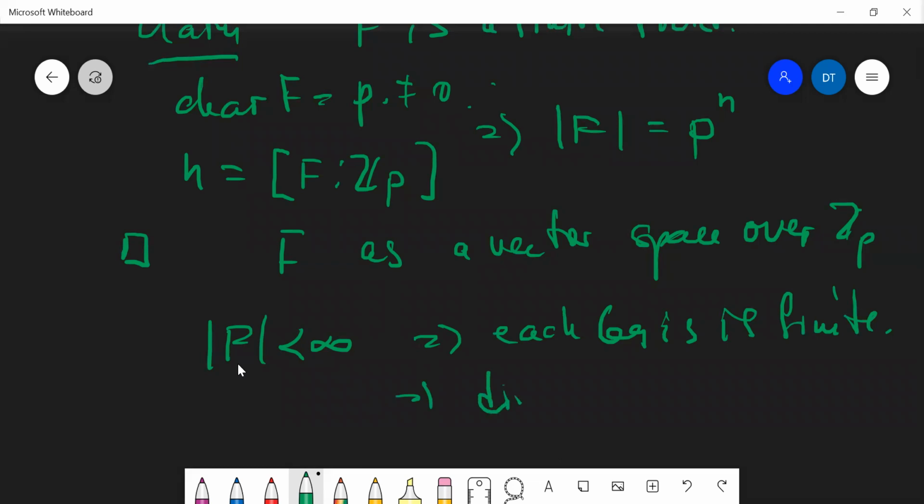Hence the dimension of F over Z_p, which is n, must be finite. This is just an explanation of why this number is finite.